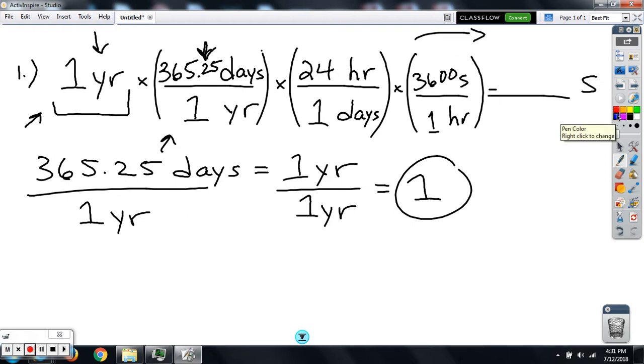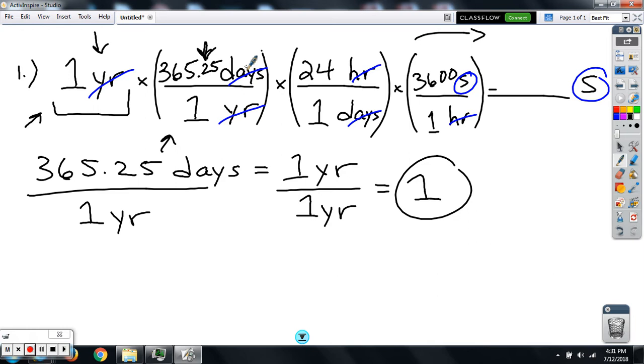Let's just double check that all of our units canceled where they should have. Years are gone. Days are gone. Hours are gone. What I'm left with is seconds, and that's what I'm looking for. So I can now just multiply all these numbers through. There are no important numbers in the denominator. It's all 1.